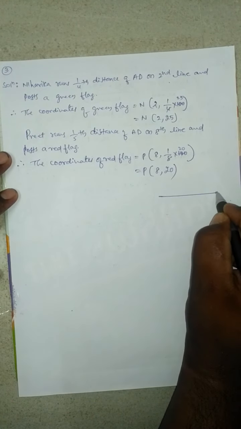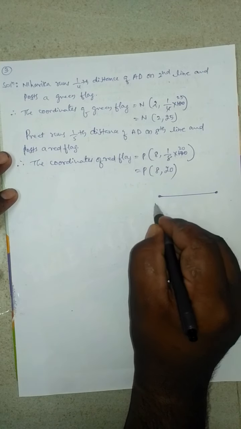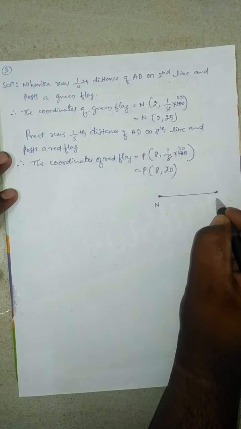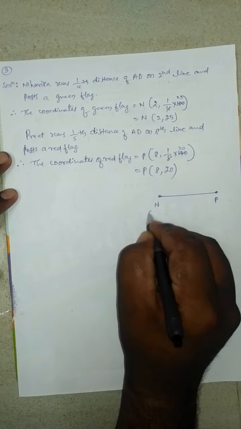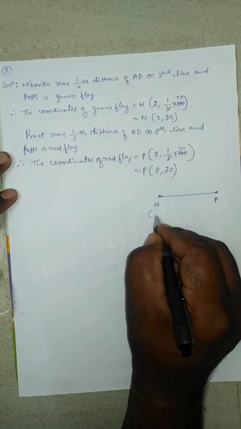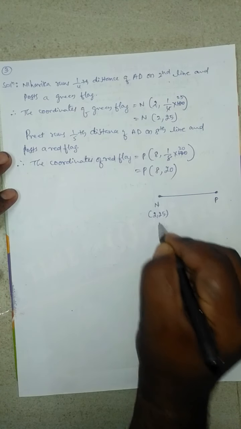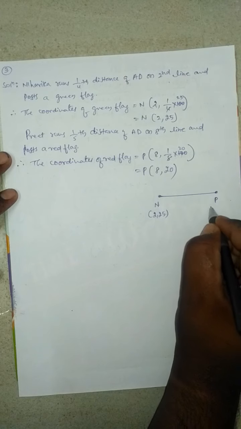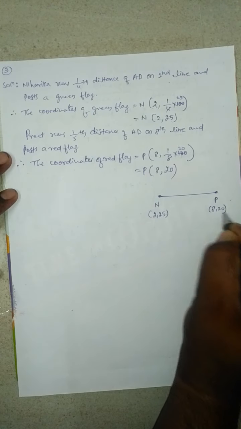So here I am going to take one point Niharika and another point as Preet. Niharika coordinates are 2, 25. Here Preet coordinates are 8, 20.